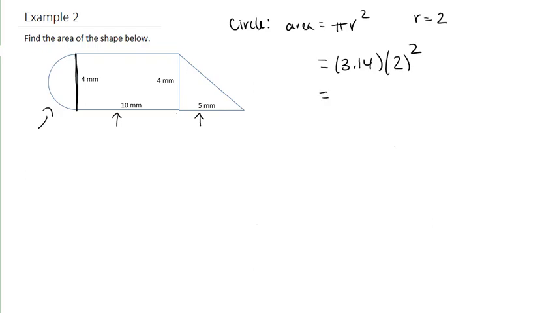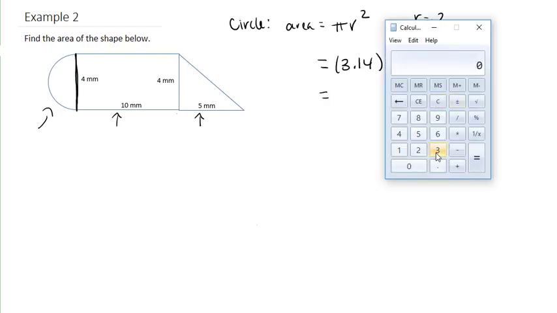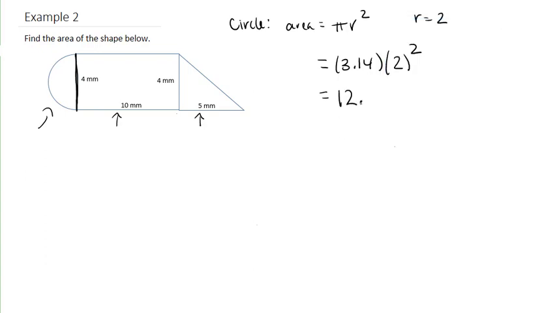So let's get our calculators out. I'm going to go 3.14 times 2 times 2, which is 12.56. But we need a half circle. So what we need to do is take the area of the circle and divide it by 2.